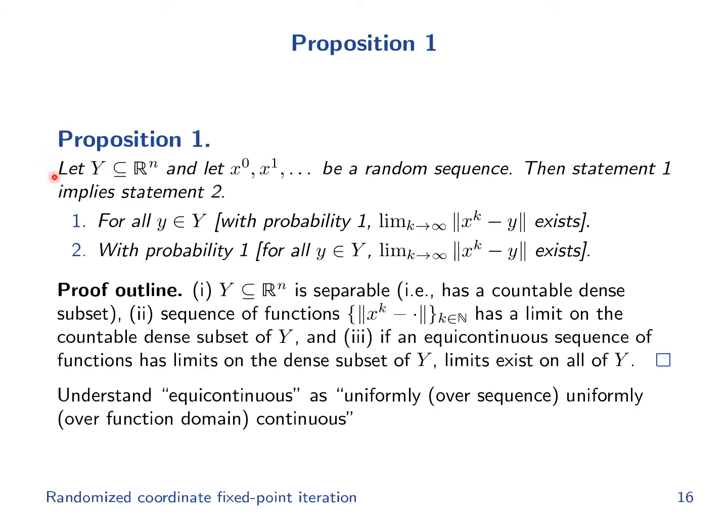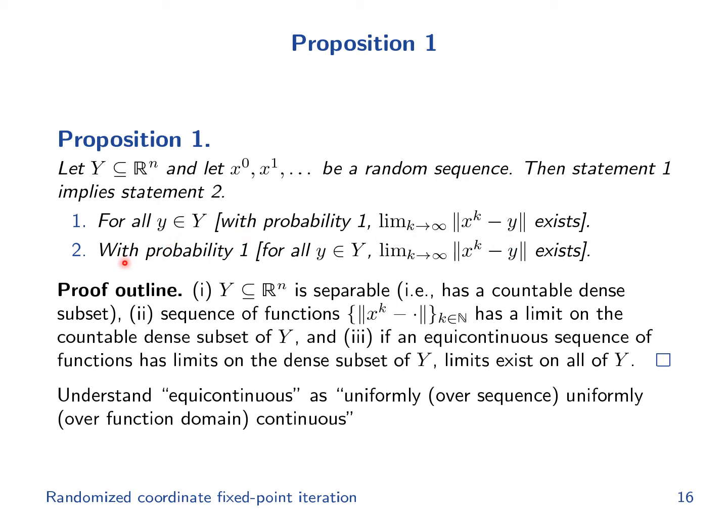It states, take any subset of Rn and any random variable sequence, then statement 1, which is a weaker statement, implies a stronger statement. In the weaker statement, for every point, with probability 1, the limit exists.